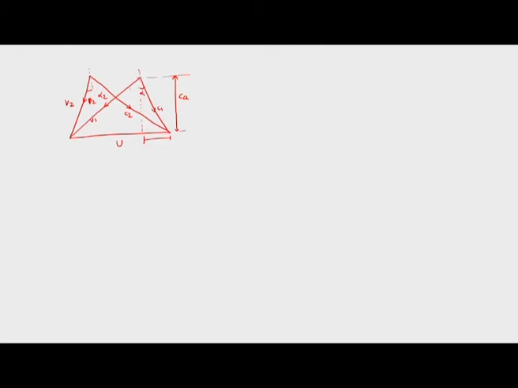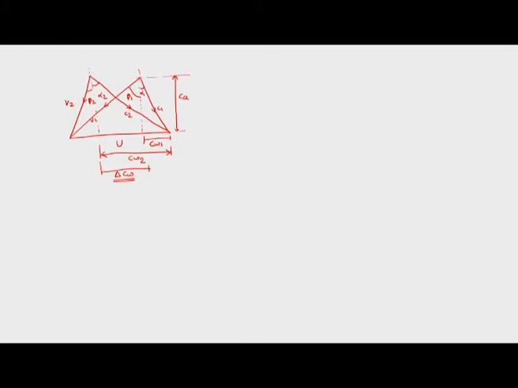This is alpha 1 and this is beta 1, and this is beta 2 and this is alpha 2. So this is CW1 and then this is CW2. So we have this difference as delta CW, which is required for us for further calculation.